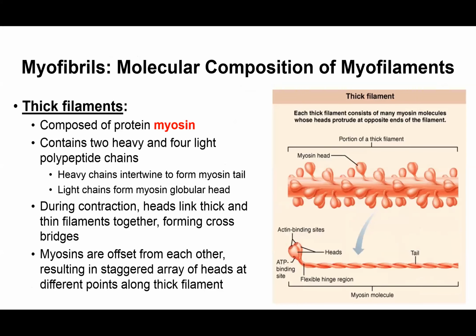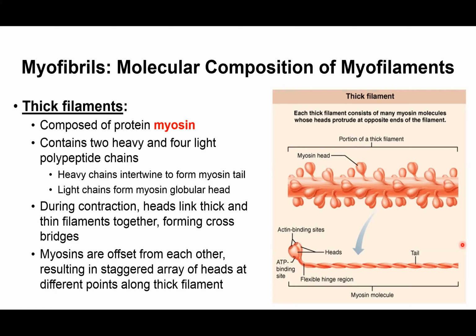All right, let's talk myosin just a little bit more. Myosin is what composes our thick filaments. It is made of 2 heavy and 4 light chains all wrapped together.